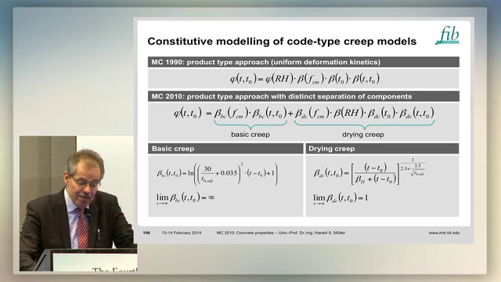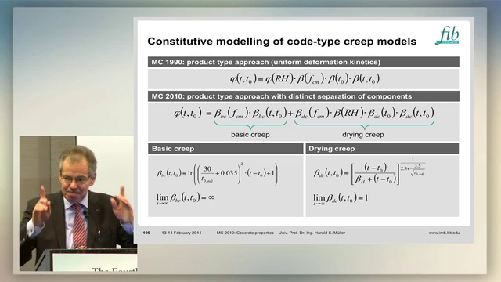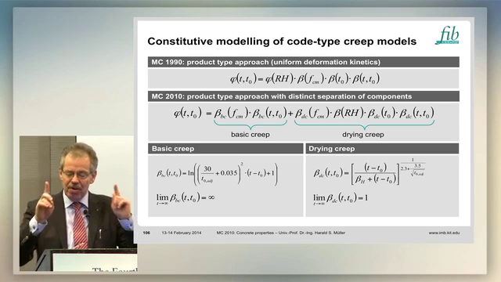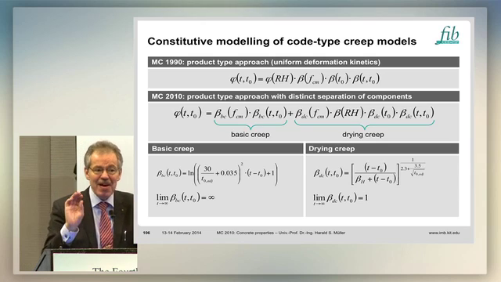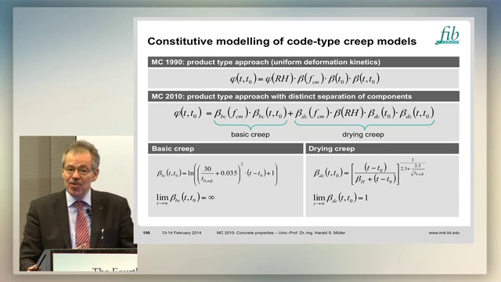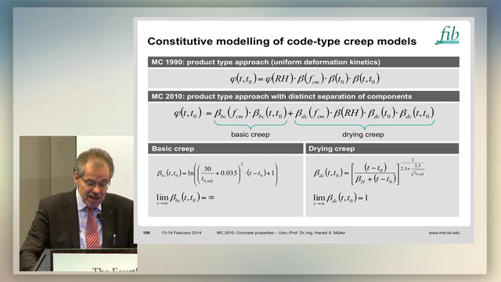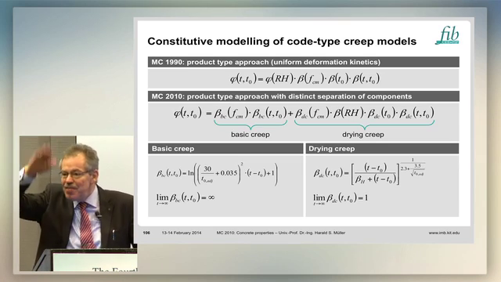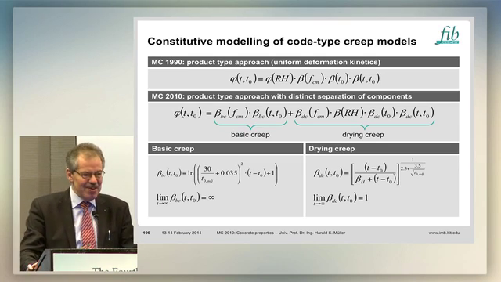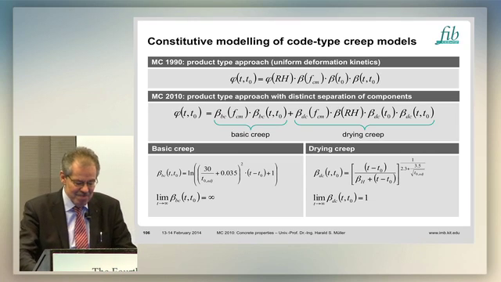And for the time development, it is shown here, for basic creep, a logarithmic function. Please keep in mind that this logarithmic function has no finite value. If you run it in a computer program and it doesn't take care of the duration of loading, you will end up at infinite values of the creep. You must be a little bit more careful.